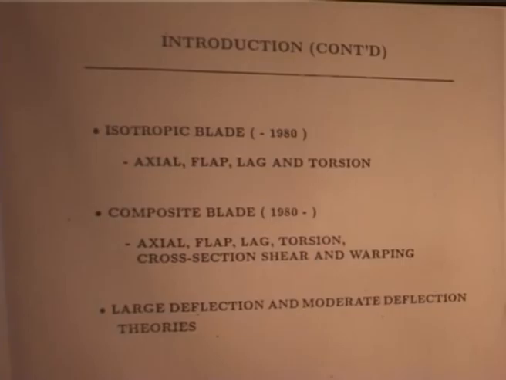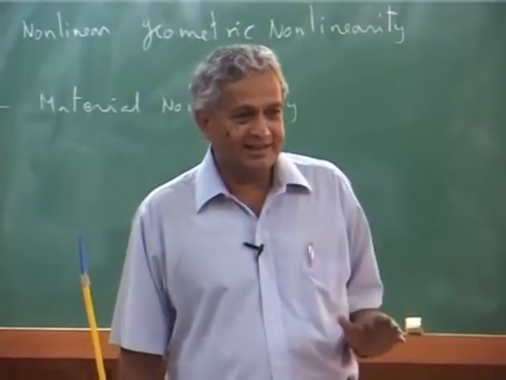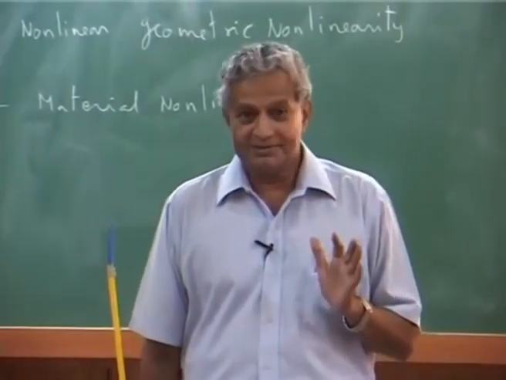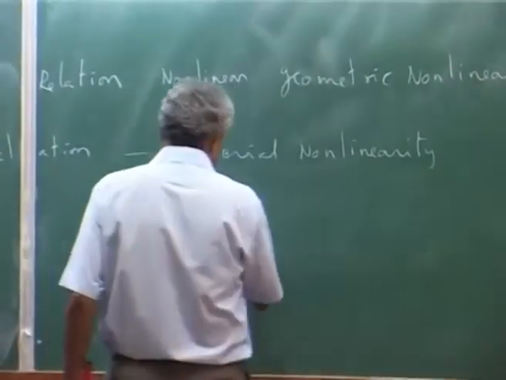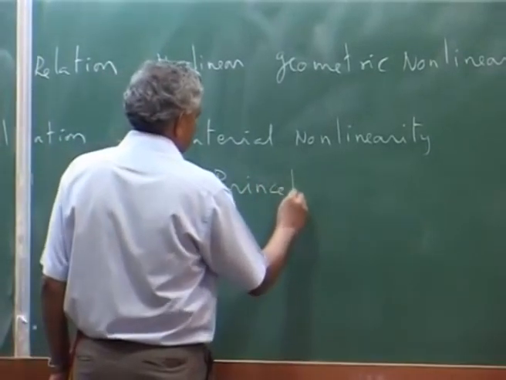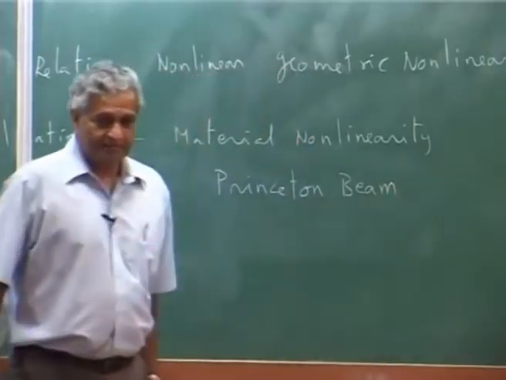But to know whether your equations are correct or not, there has to be some experimental study. That is why I said sometimes one simple experiment will give a very thorough understanding of the status of your knowledge. This experiment is called the Princeton beam, because it was done at Princeton, okay. Very simple experiment. You can look at the web page, you will see.